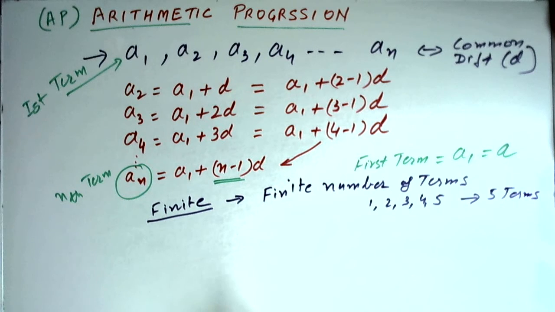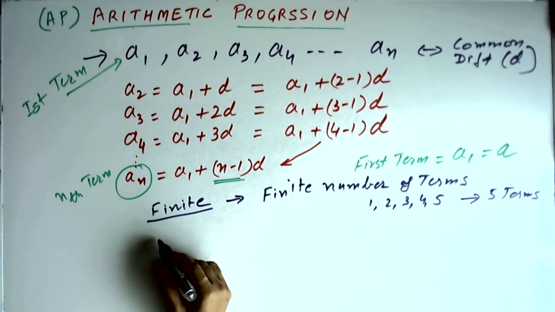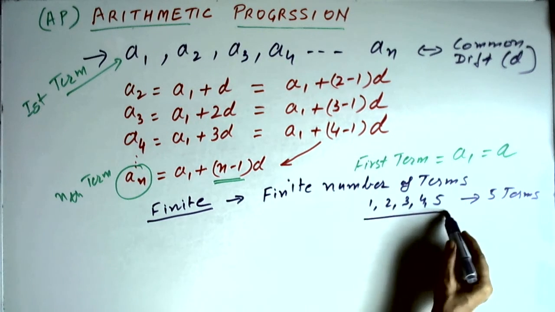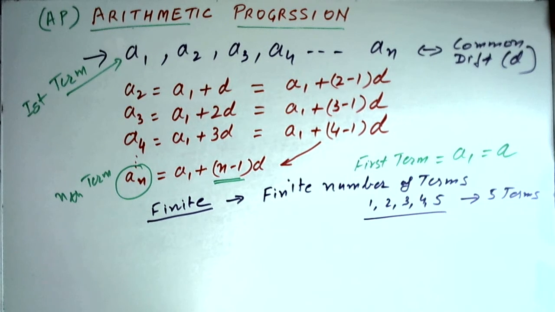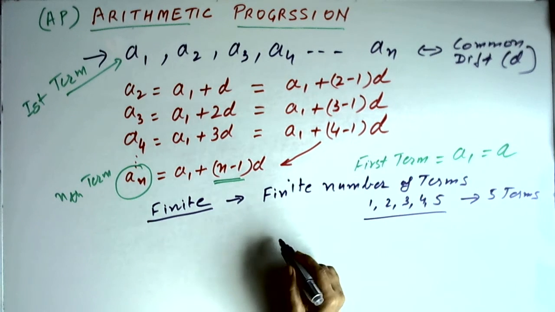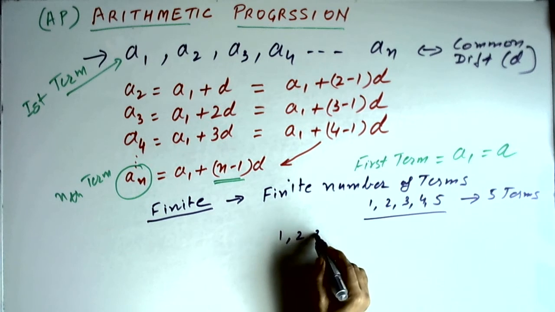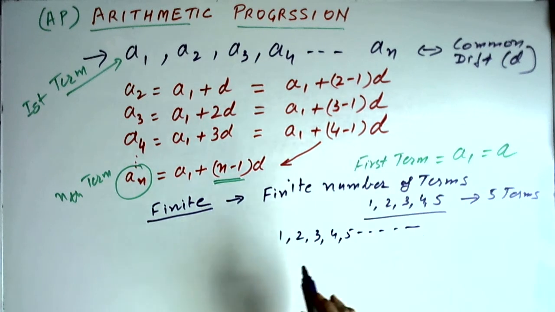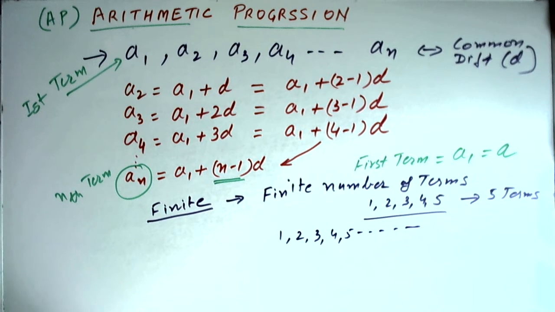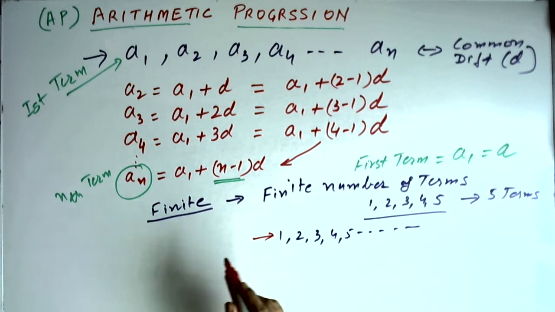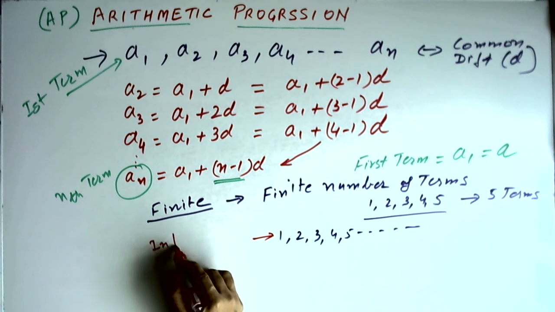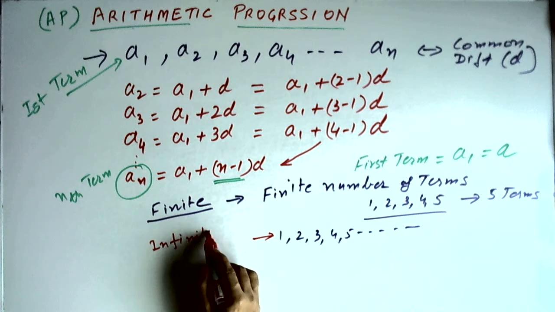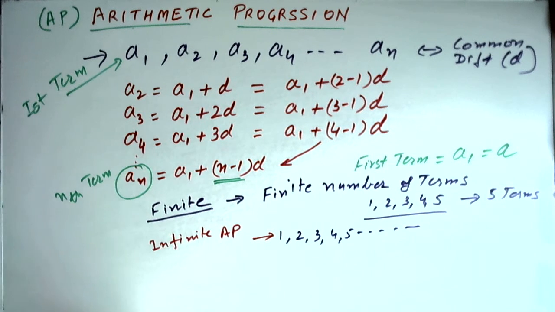But suppose we are talking of counting, then it is something which is endless. In that case, we will say 1, 2, 3, 4, 5 and so on. So this type of arithmetic progression is termed as infinite AP, and the first one was finite AP.